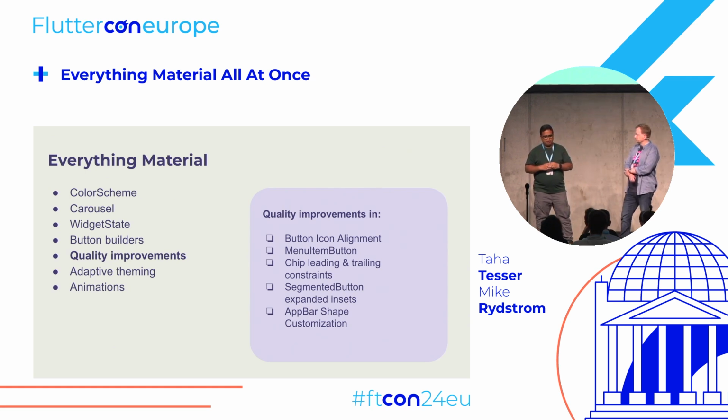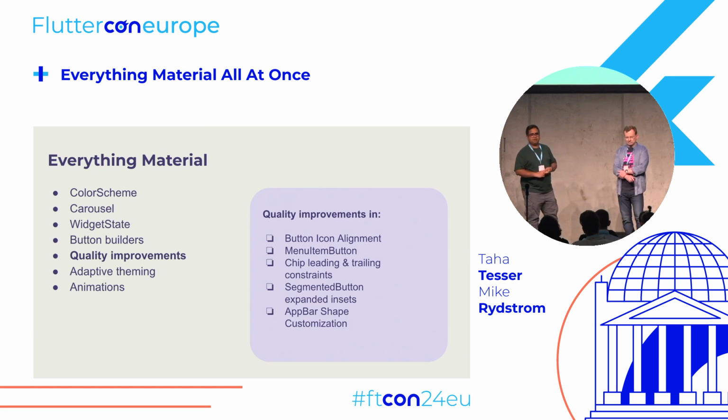And then app bar shape customization. It's not really a new feature, but I'm going to talk about how you can customize the app bar without having to create an entirely custom app bar. So you will see a code snippet there and a cool demo with a link at the bottom.